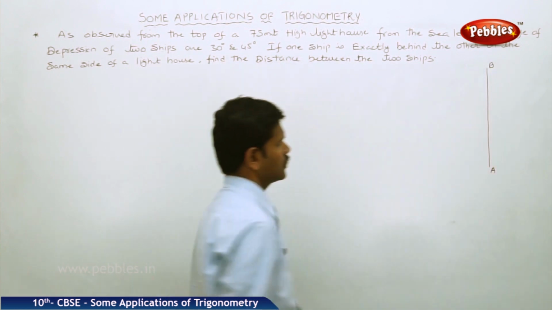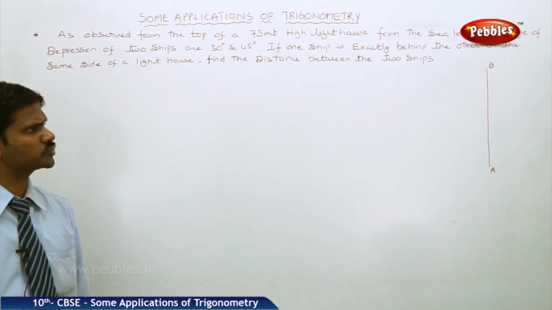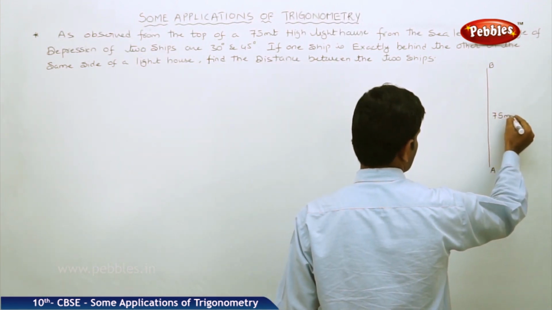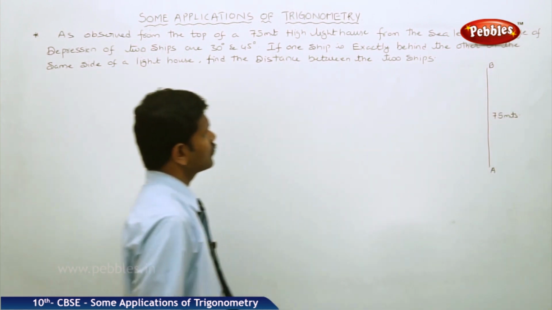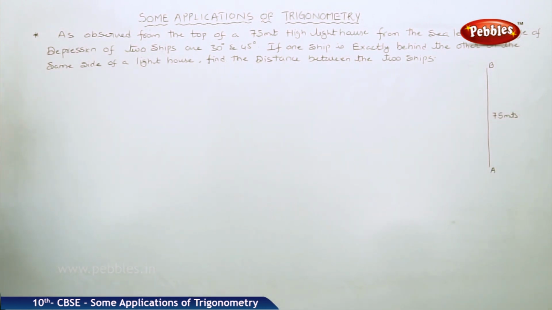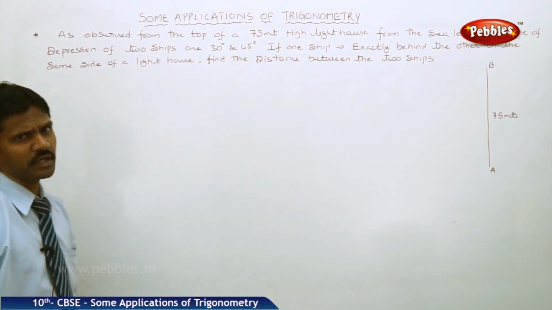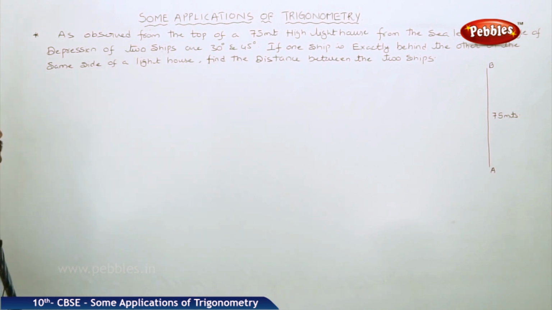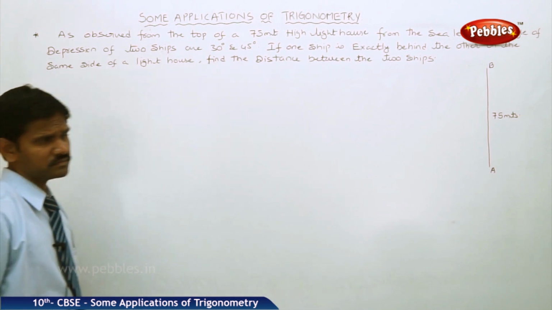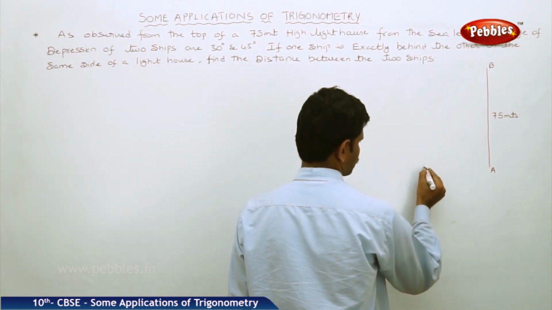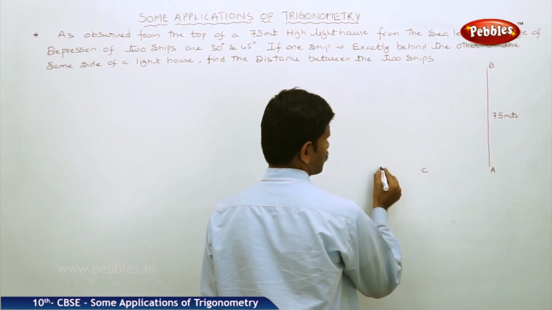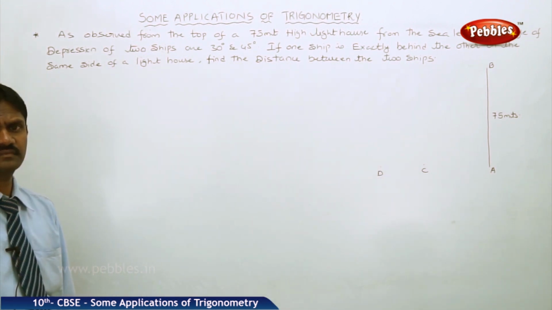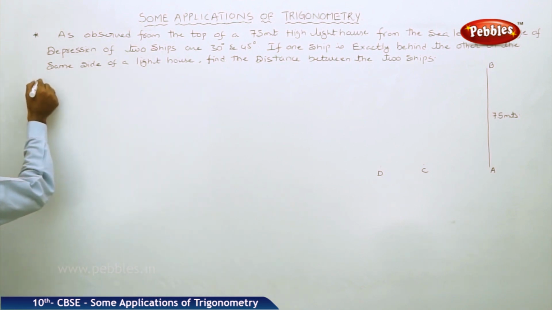Let AB be the height of the lighthouse, 75 meters height. The angles of depression of two ships are 30 degrees and 45 degrees. They are exactly one behind the other, on the same side of the lighthouse. Let C and D be the positions of the ships.